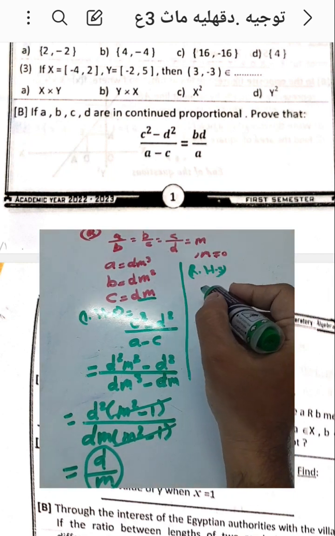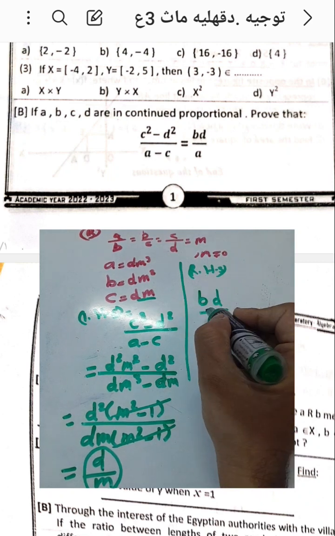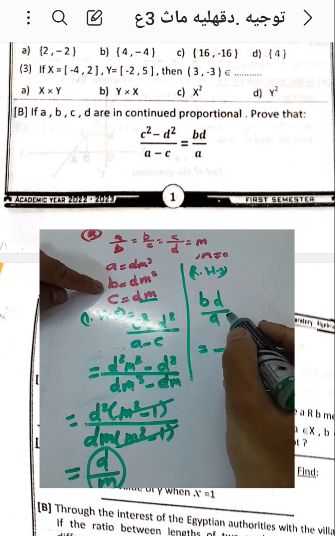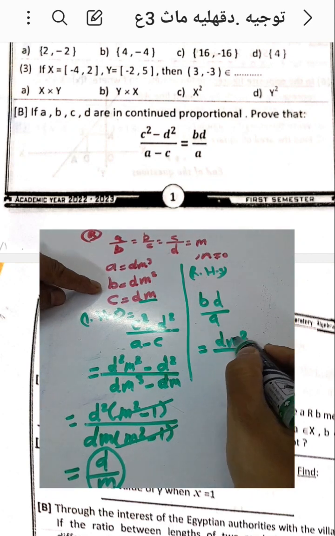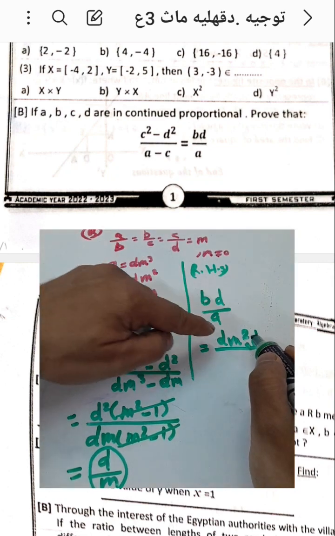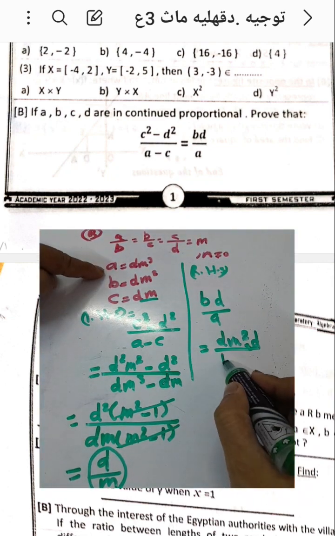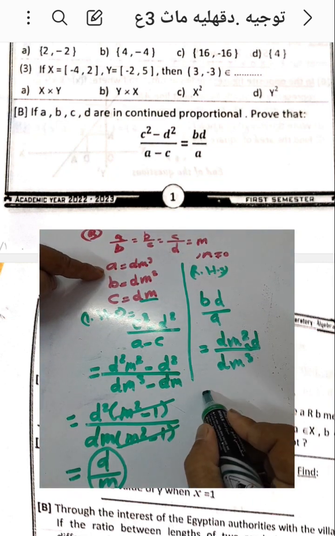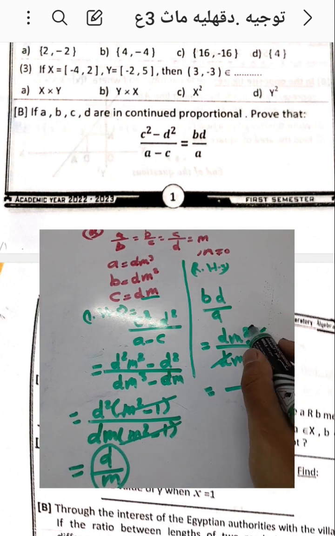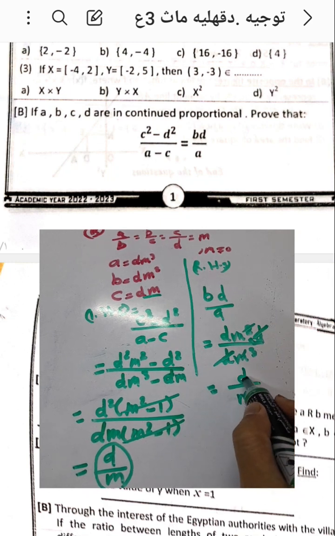And what about the right hand side here? In the right hand side we have b d over a, put b equal d m power 2 and d behind it, and a equal d m power 3. You can simplify it by canceling d by d, and m power 2 by 1 m here, the remainder is m, and write d.